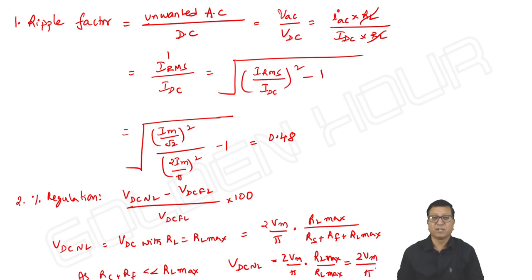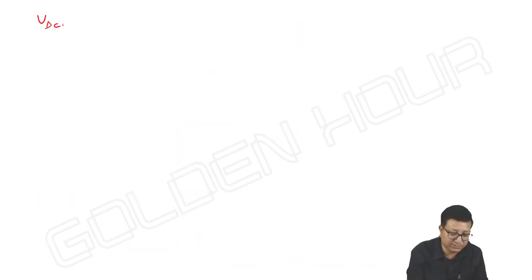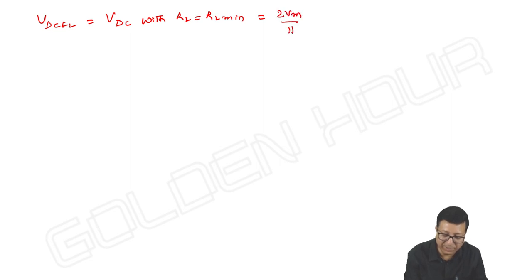The V output peak amplitude is approaching Vm, so that VDC no load becomes peak amplitude multiplied with 2 by pi, 2Vm by pi. And VDC full load is equal to the value of DC output voltage with RL equal to RL minimum, which is equal to 2Vm by pi into RL minimum by RS plus RF plus RL minimum.